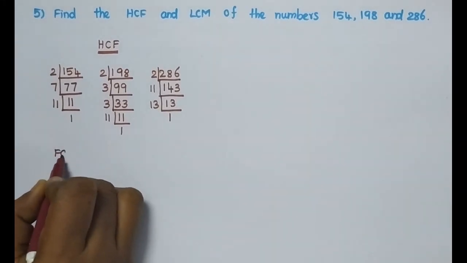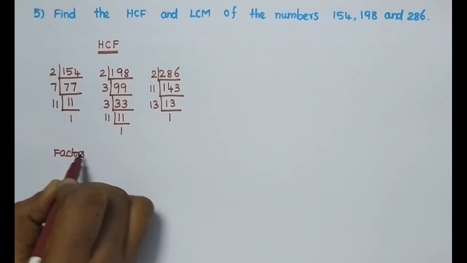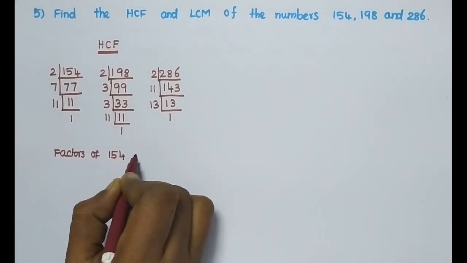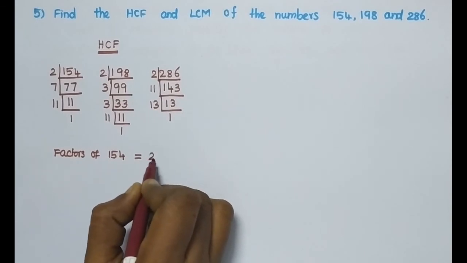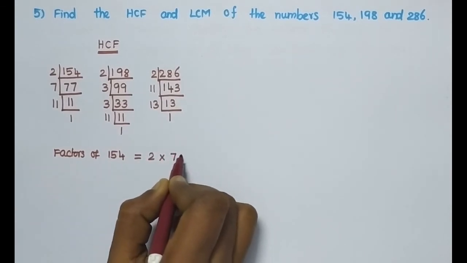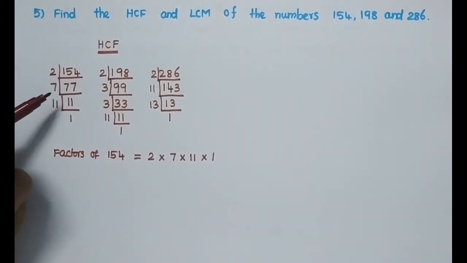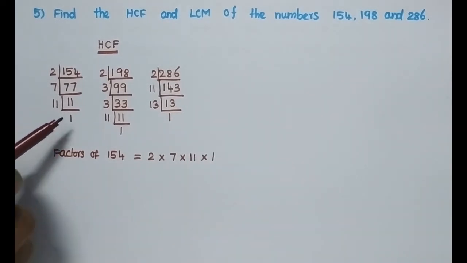Now factors of 154 equal to 2 into 7 into 11 into 1.